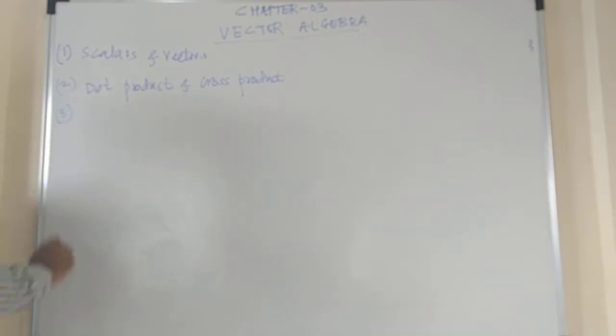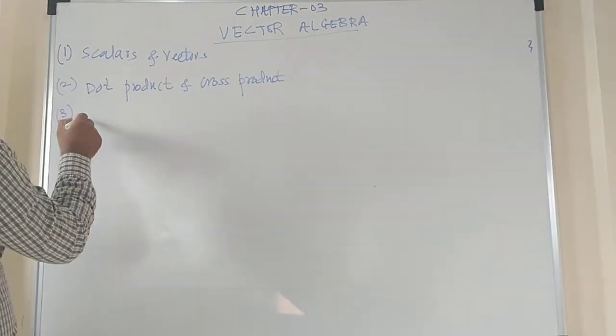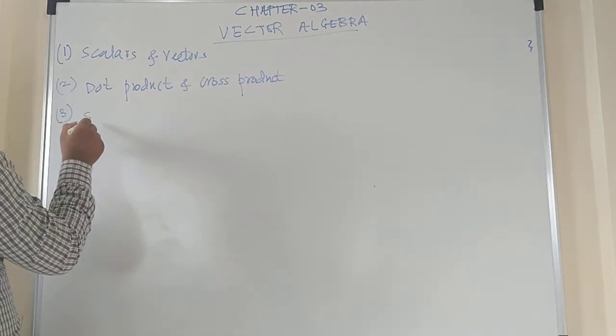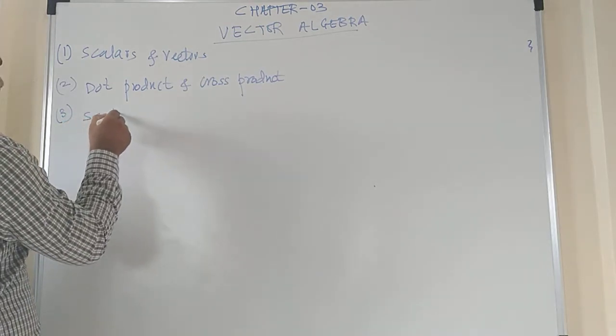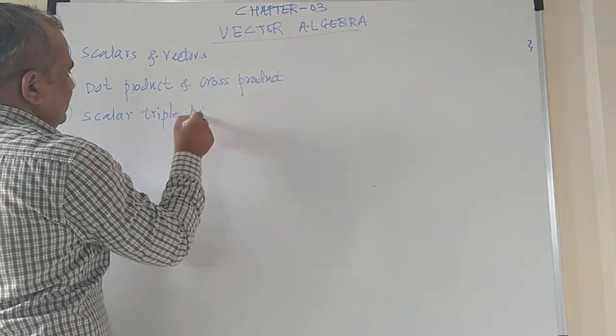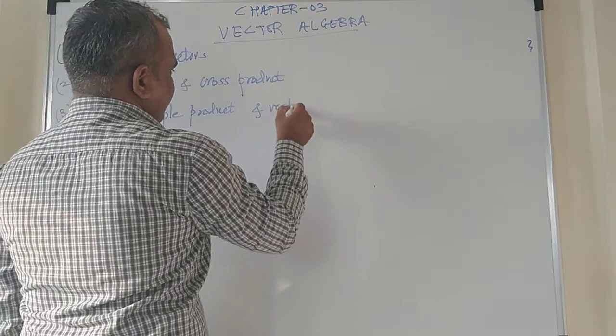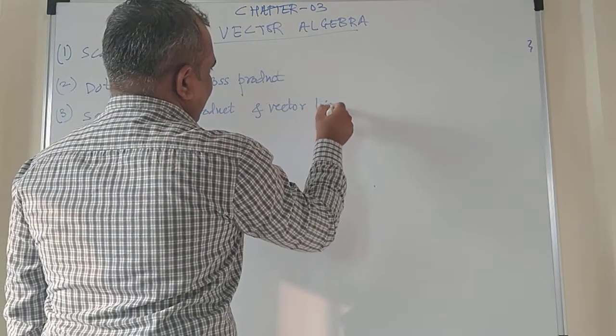The third topic that we have to study in the complete chapter is a scalar triple product and vector triple product.